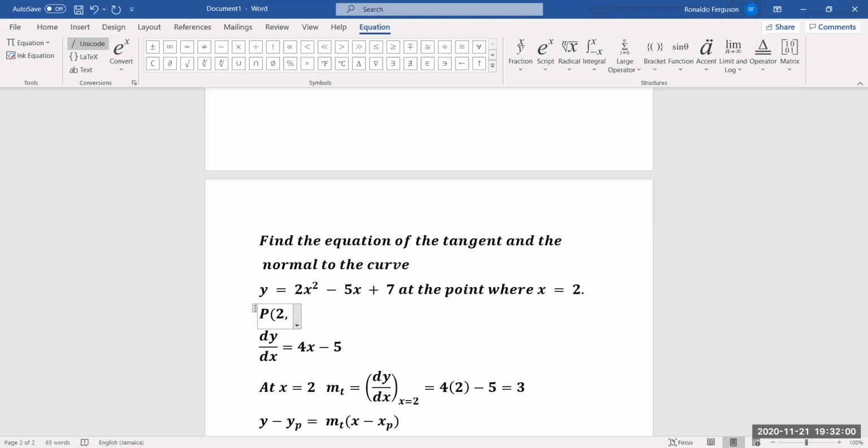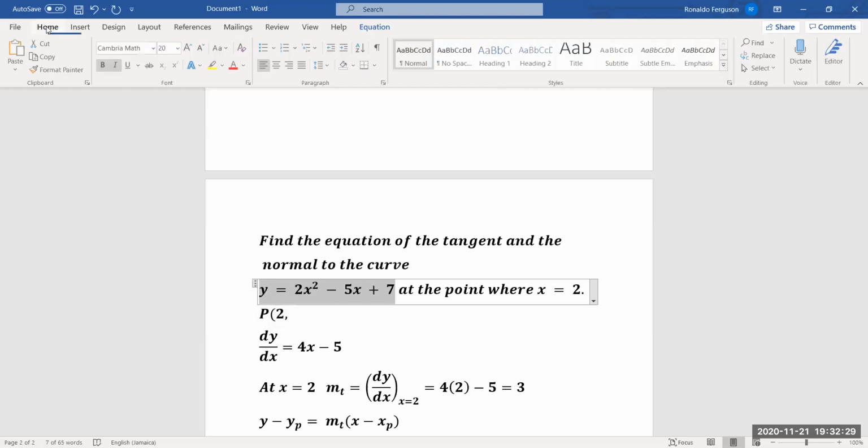The y value would be 3. How did you get 3? 3 is the gradient. To get the y value, look, this is what the question tells us: y equals this, doesn't it?